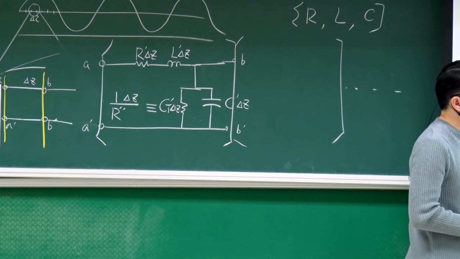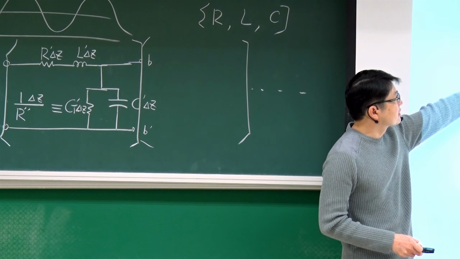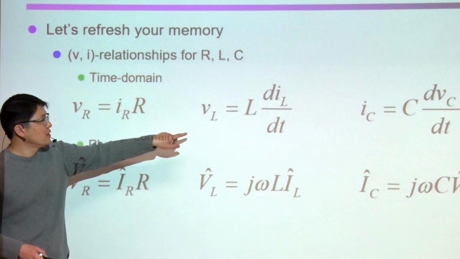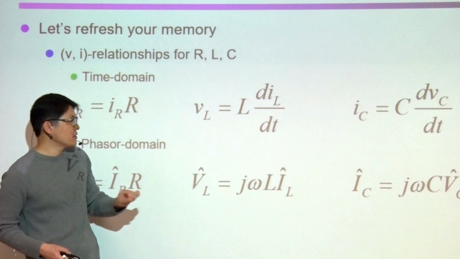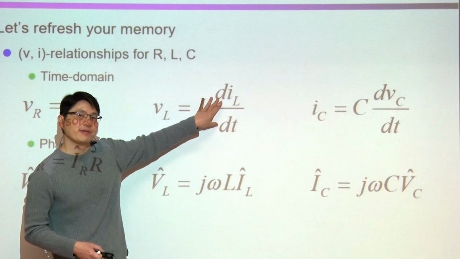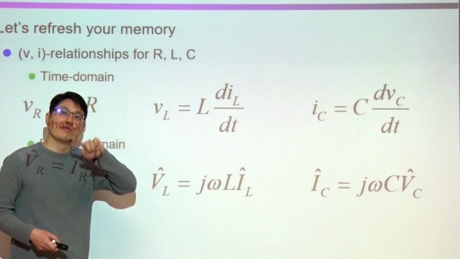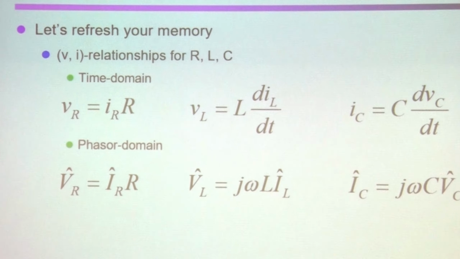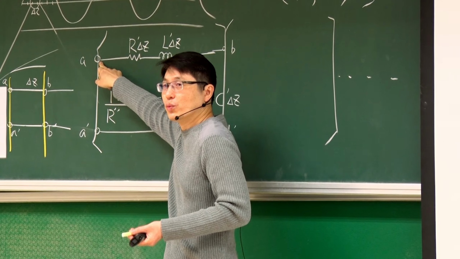So this page is only for your reference. If you don't remember, in the time domain, the voltage across a resistor is V equals IR. For an inductor, the voltage across the inductor, VL, is L di/dt. So you need to have time varying current to produce a voltage drop over the inductor, right? We have a frequency dependent or time dependent wave.